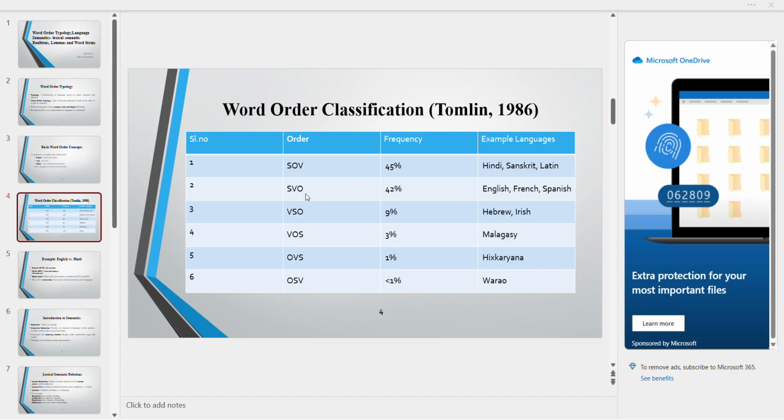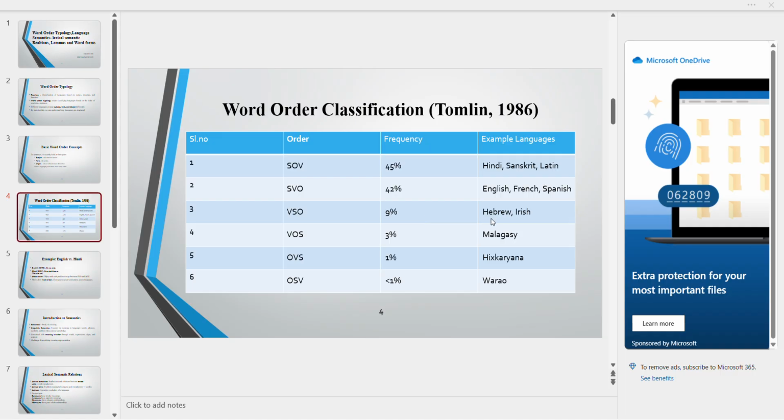And in second, subject verb object. Let's take an example. She eats apple. This is in English language, and the frequency obtained here is 42%. Likewise, verb subject object. Let's take an example in Arabic, eats she apples.